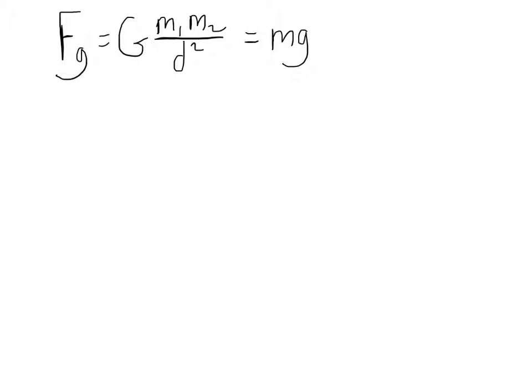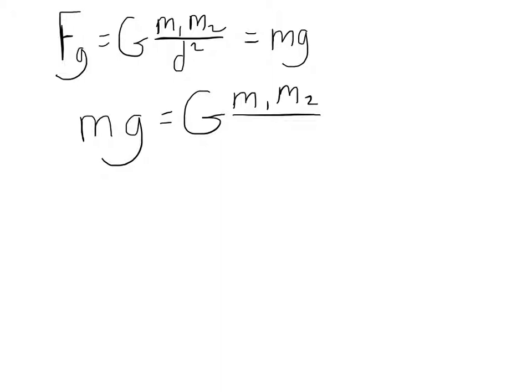So this allows us to set this up where I can arrange it such that mass times lowercase g is equal to capital G, mass 1, mass 2, divided by d squared.